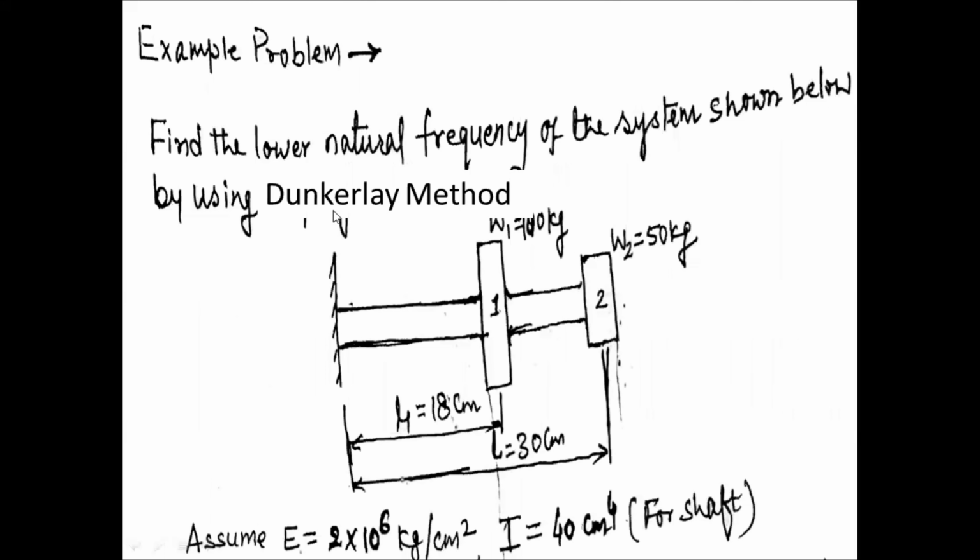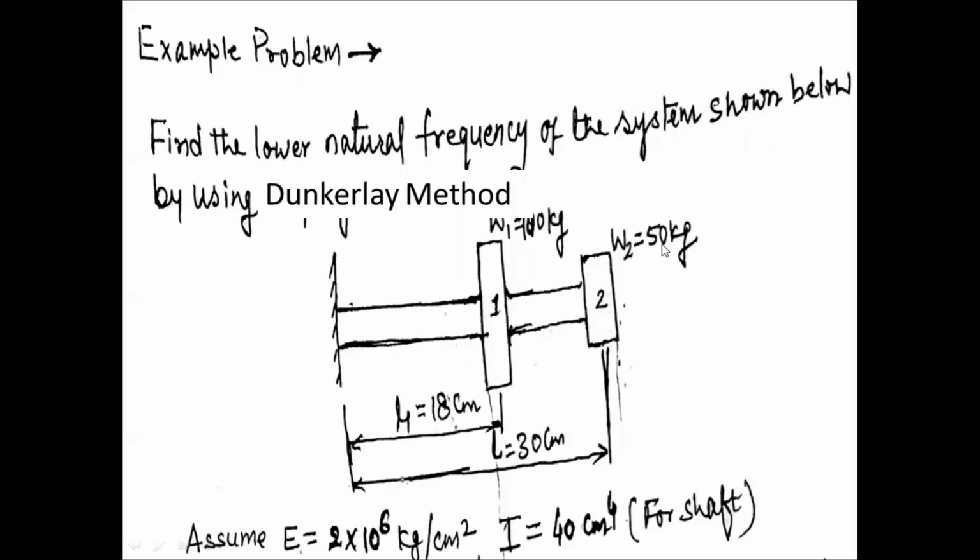Let me explain it through an example problem, the same problem which we had taken up in the case of Rayleigh's method. Suppose there is a shaft, and there are two weights acting on this shaft. One is a 100 kg weight acting at a distance of 18 centimeter from the fixed end, and the other weight, which is 50 kg, is acting at 30 centimeter from the fixed end.